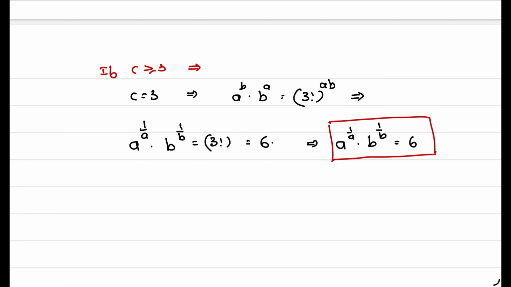How do you analyze? If c is equal to 3, that implies factorial c is equal to 3 into 2 into 1.